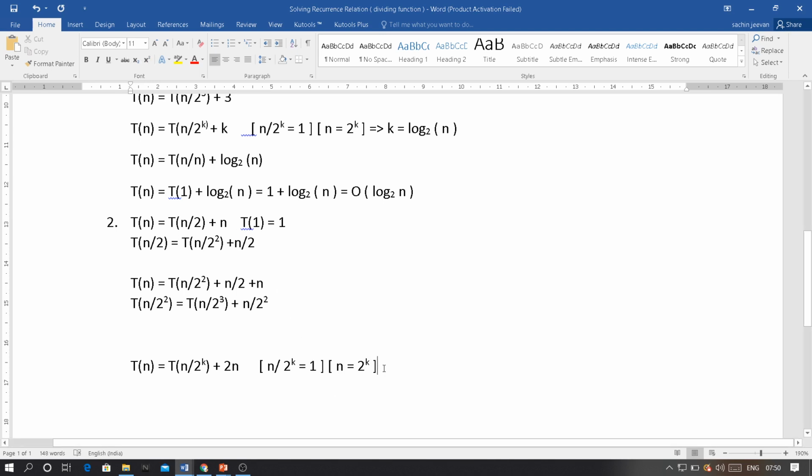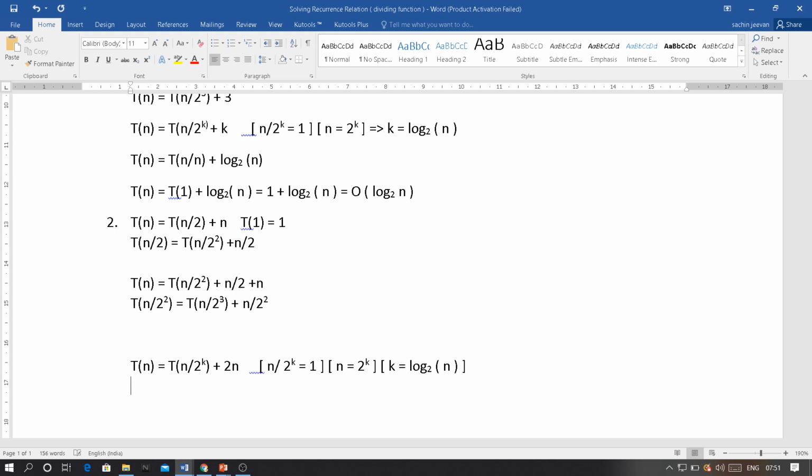Now I have already told you that when such an equation is given, what will be the value of k? k will be equal to log base 2 of n. So the k value we also found.